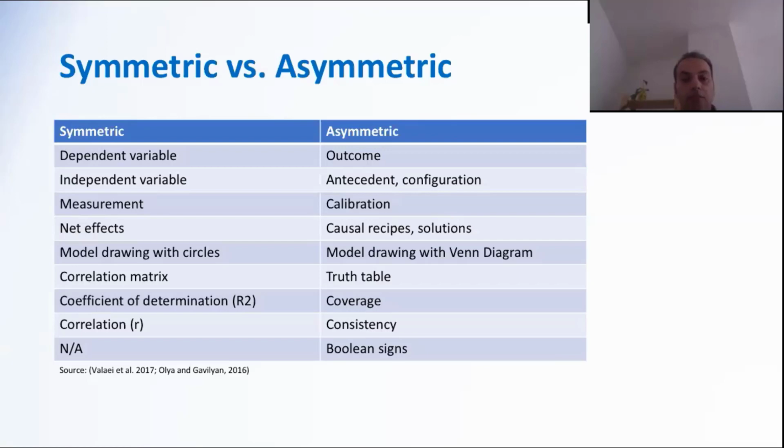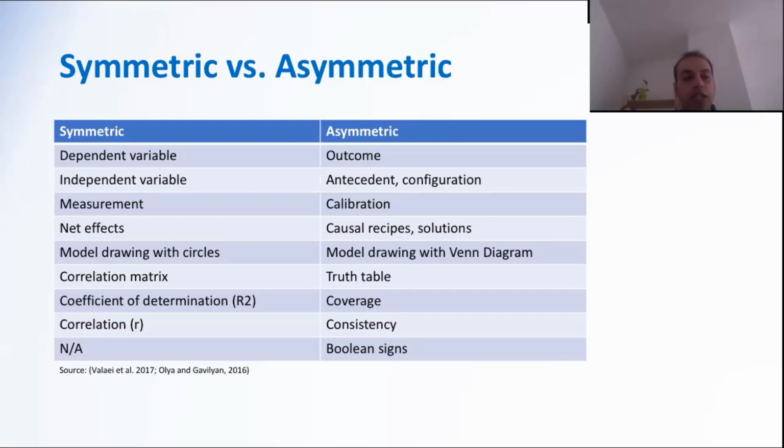And interestingly, for coefficient of determination, R-square value in symmetric analysis, which a lot of researchers try to develop models with high R2 values, this is the analogous terminology for coverage from an asymmetric point of view.